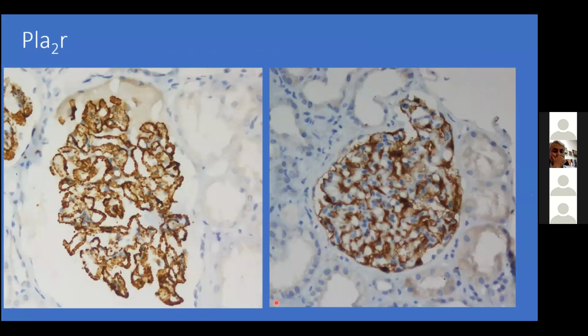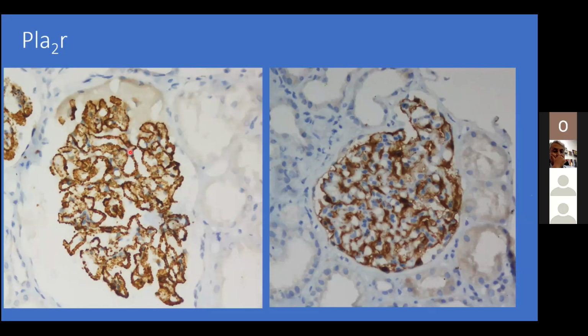So apart from serum PLA2R, PLA2R can also be done on tissue with the help of immunohistochemistry. Okay. So IHC for phospholipase A2 receptor. Here we can see coarse granular deposits for this antibody along the capillary wall. Okay, we have to see this much intense deposits along the capillary wall.